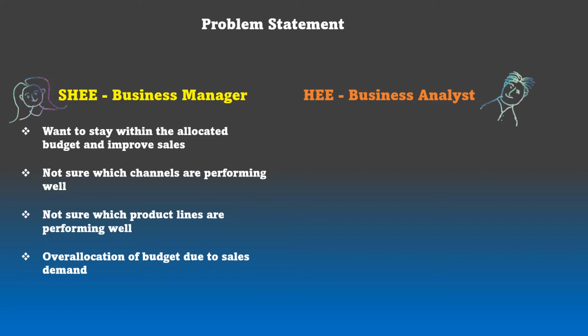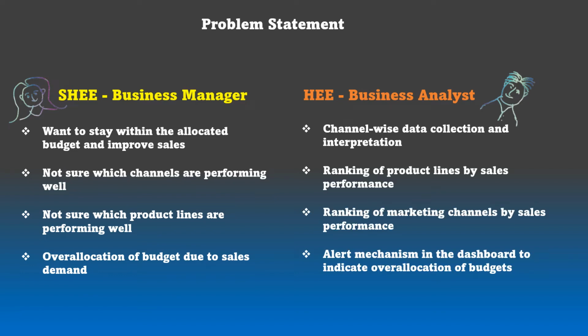He starts the channel-wise data collection and interpretation and ranking of different product lines by sales performance. He also prepares the ranking of marketing channels by the sales performance. He then creates an alert mechanism in the dashboard to indicate over allocation of budgets.